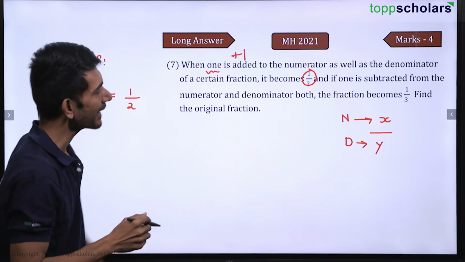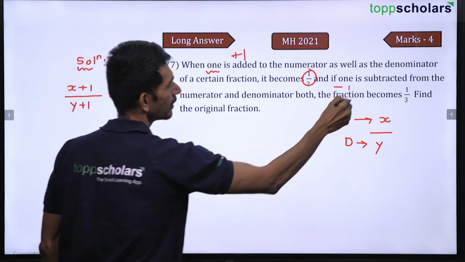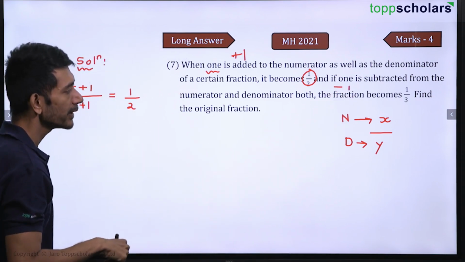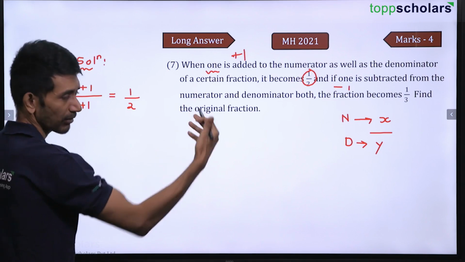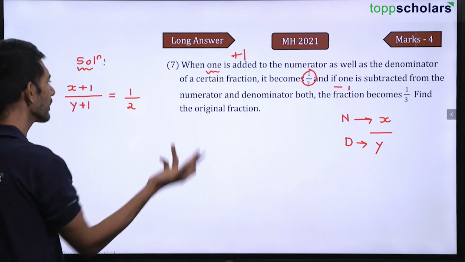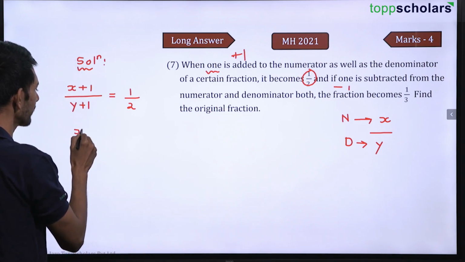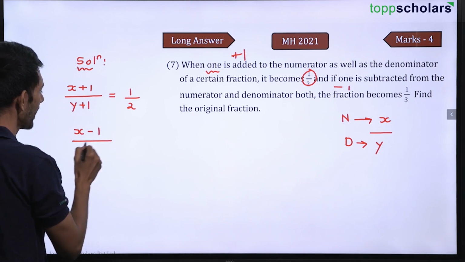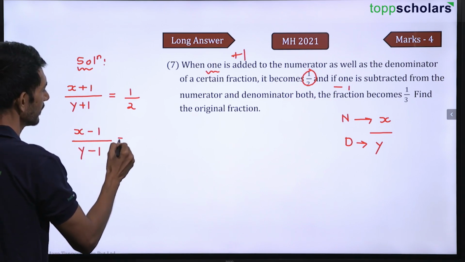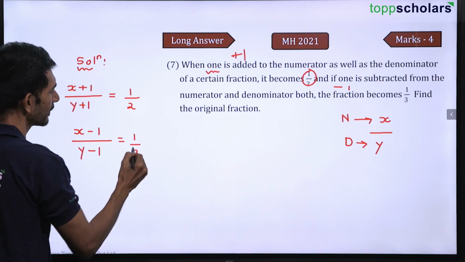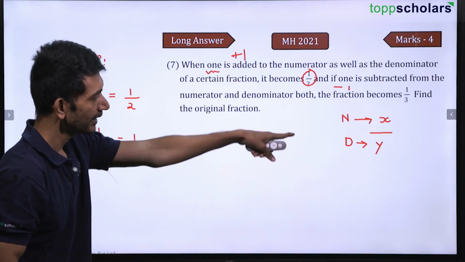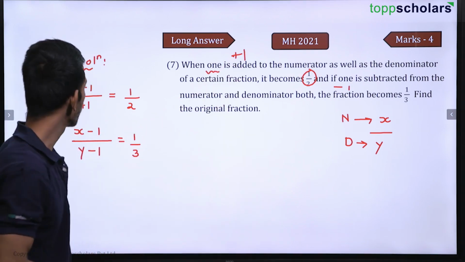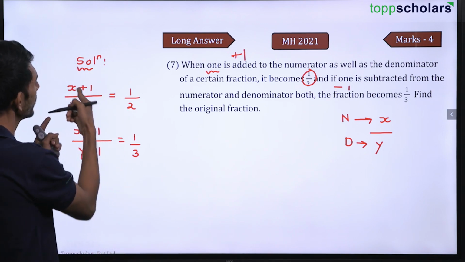And if 1 is subtracted from the numerator and denominator both, the fraction becomes 1 by 3. So x minus 1 by y minus 1 is equal to 1 by 3. This is a very simple question actually. It was asked for 4 marks and the fraction is x by y. Now you solve this.